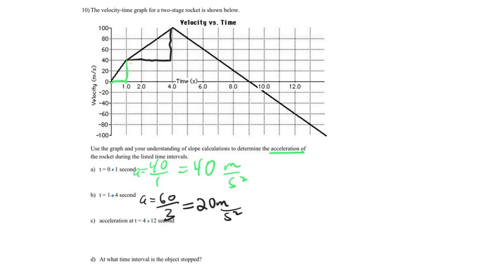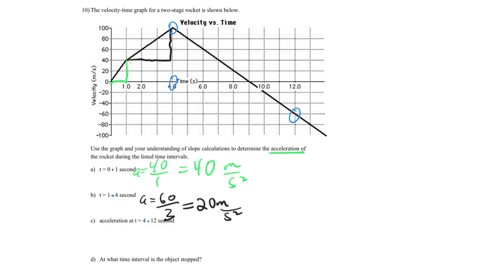Okay, at the 4 to 12 second mark. Okay, so I see that's a straight line. So really, all I really need to do is find 4 to 12 seconds. Okay, I don't need to do this whole thing.